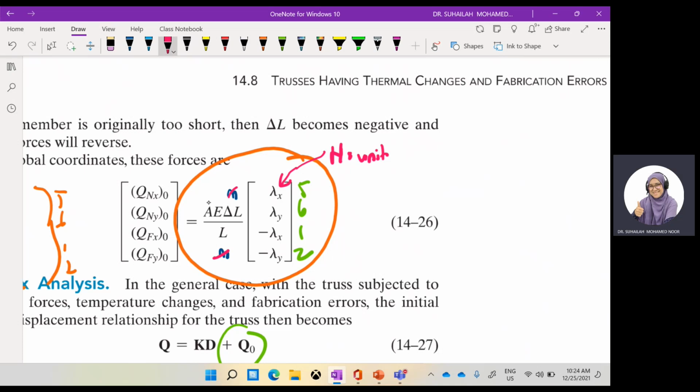The unit of AE is kilonewton, and this is force, so the unit must be in kilonewton. So we have AE here, and this will give the values in kilonewton.